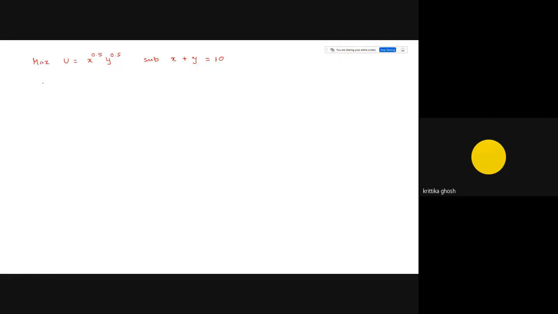Okay. So suppose your utility function is this, and this is your budget line. What is U1? হ্যাঁ বলো তো u1 কি হবে?